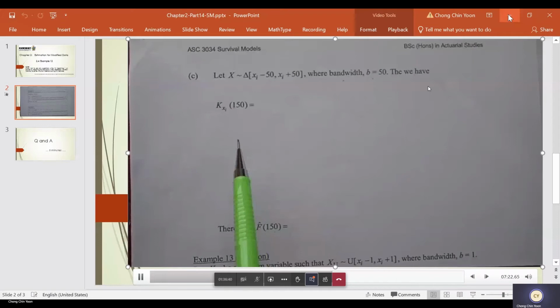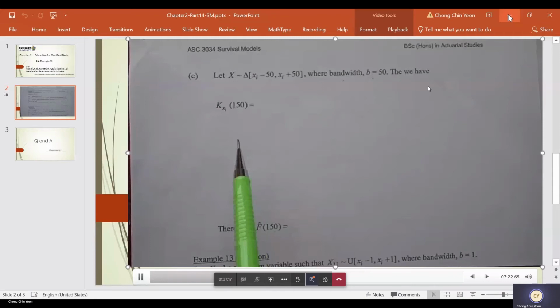This will be equal to this piecewise function. For the first interval, x is 150, which is less than xi minus 50, so the value of k is 0. The next interval is xi minus b, that is 50, less than or equal to the x value, which is 150, and less than or equal to xi.